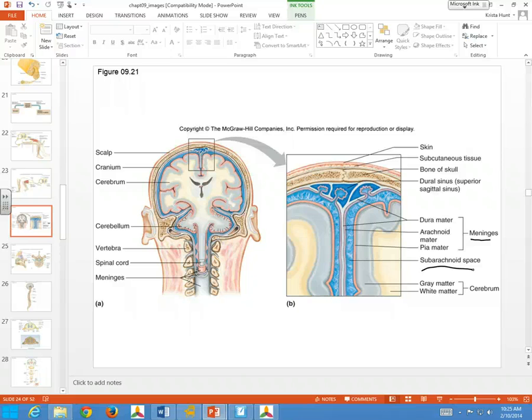So it's between the pia and the arachnoid that is the subarachnoid space. What's meningitis? It would be inflammation in these meninges. Which is why they take that spinal tap, because they can get some of this fluid from there without having to go into your brain. It's not fun to go into your spine, but it's better than going into your brain.